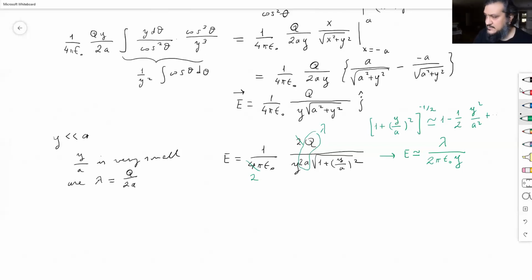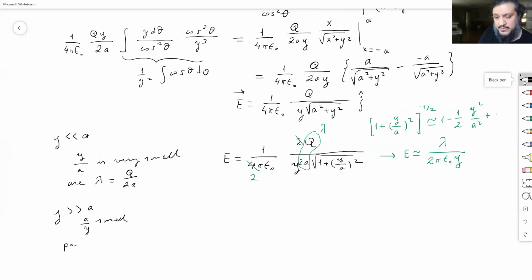Now the other limit is when you're really far from the charge, y is much greater than a. So in this case, a over y is very small. This is the point charge approximation, and this was the infinite line approximation.